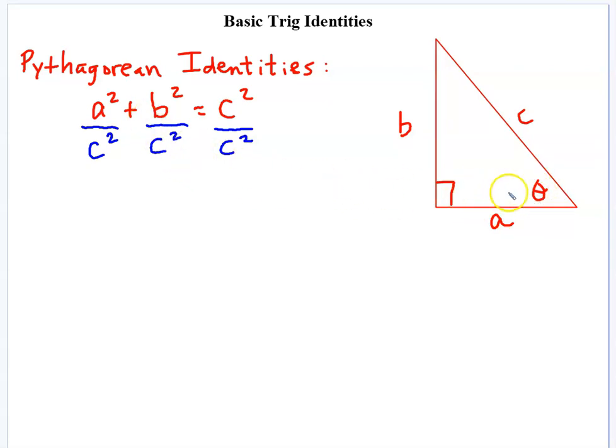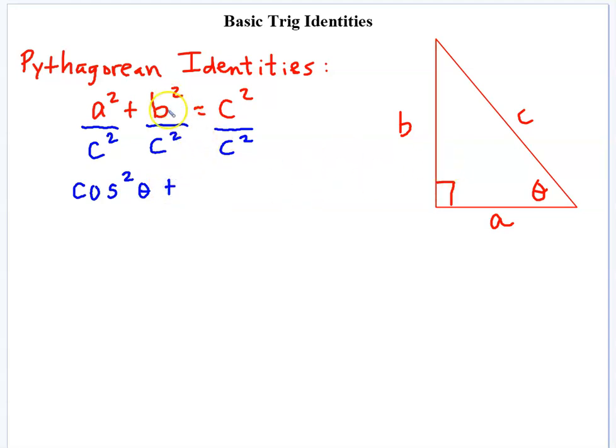Okay, so going to my triangle, I see the a side is called the adjacent side to theta. c, of course, is the hypotenuse, and the ratio of adjacent over hypotenuse is cosine. So instead of saying a squared over c squared, relating it to this triangle, I can say cosine squared theta.